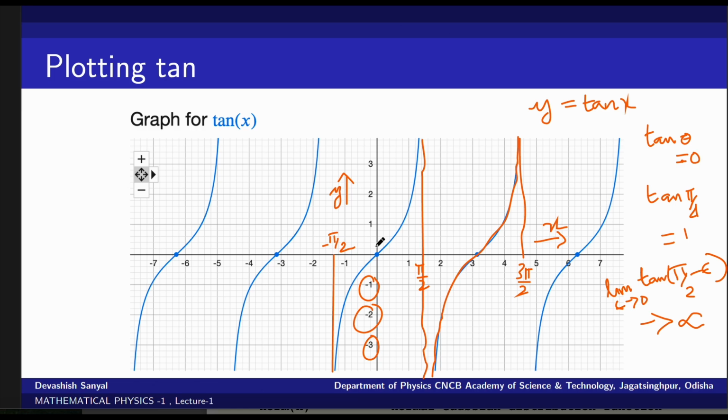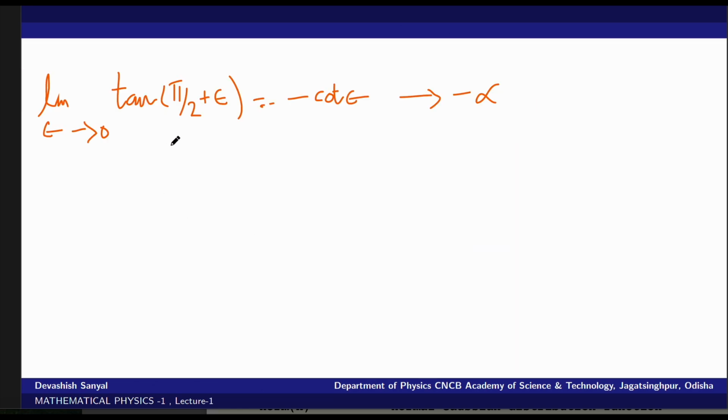So you can see from the behavior that tan x is also periodic, but now there is a catch here. What is the period?